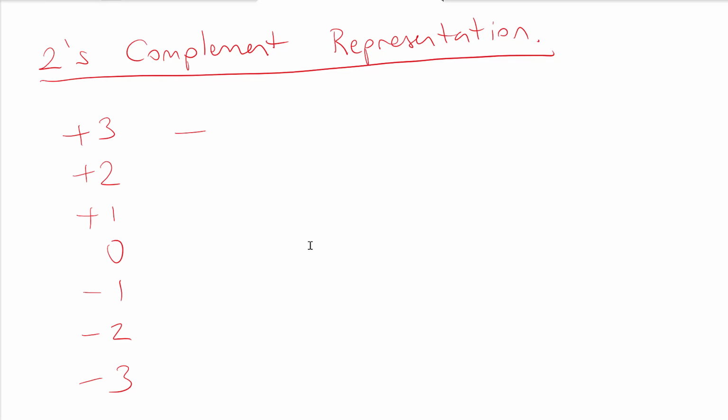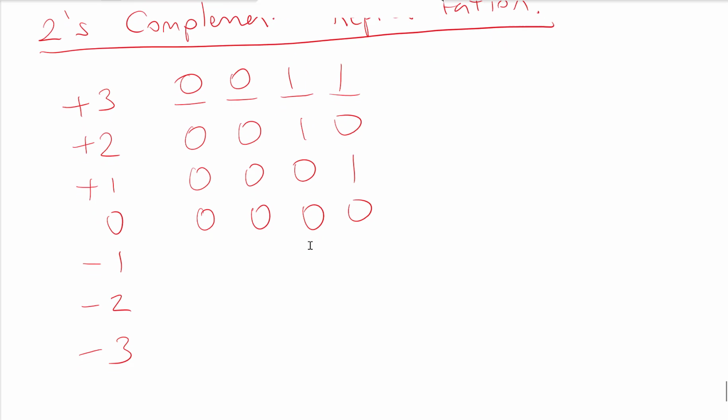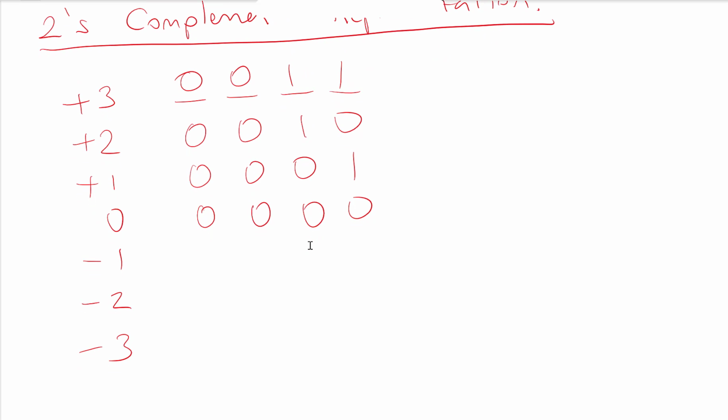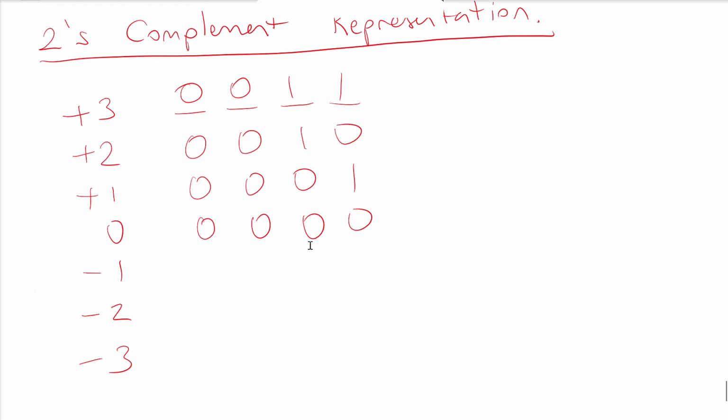Assume we have 4 bits. To represent plus 3, I have 0011. This is plus 3 in two's complement representation. This is plus 2. This is plus 1 in two's complement. This is 0.